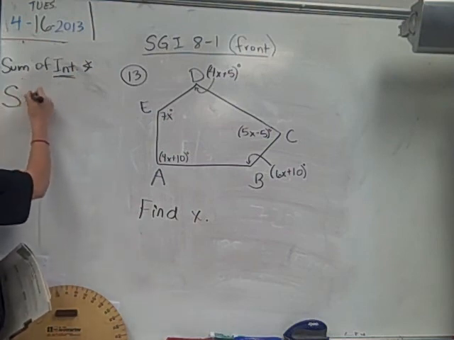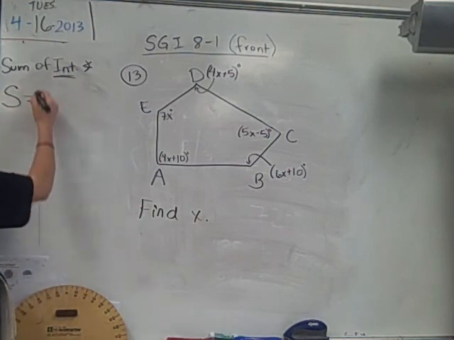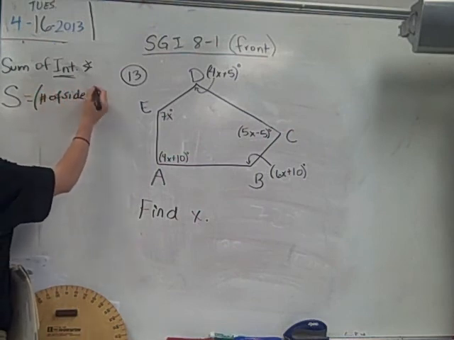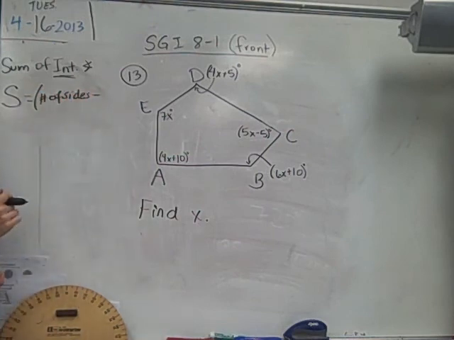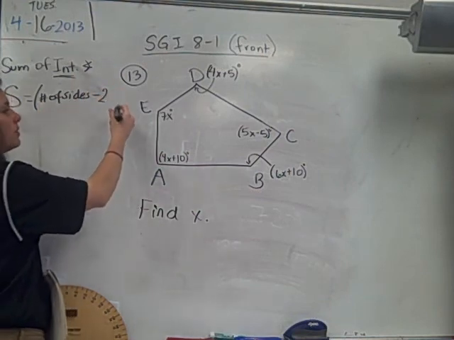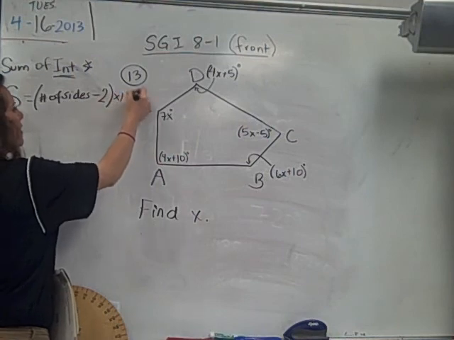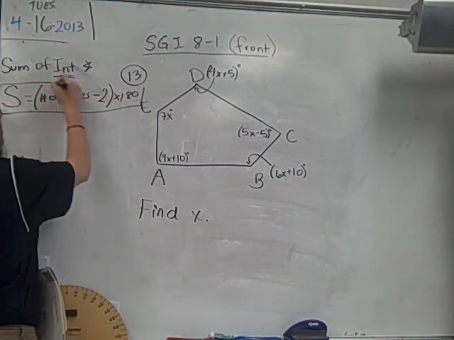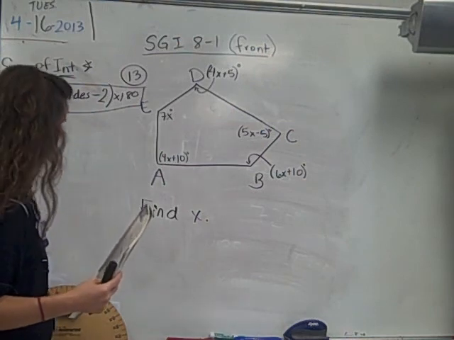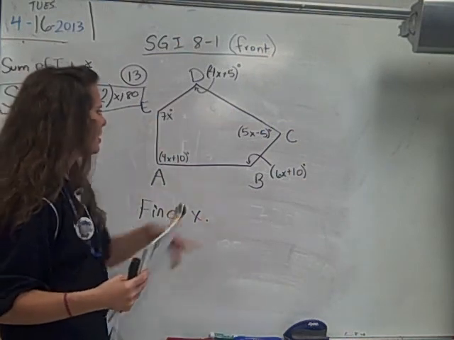But here is the interior angle formula. The number of sides of whatever polygon you're working with, you're going to count the number of sides, minus 2, times 180. This is your formula that we are going to use in any situation where we need to know the sum of my interior angles.